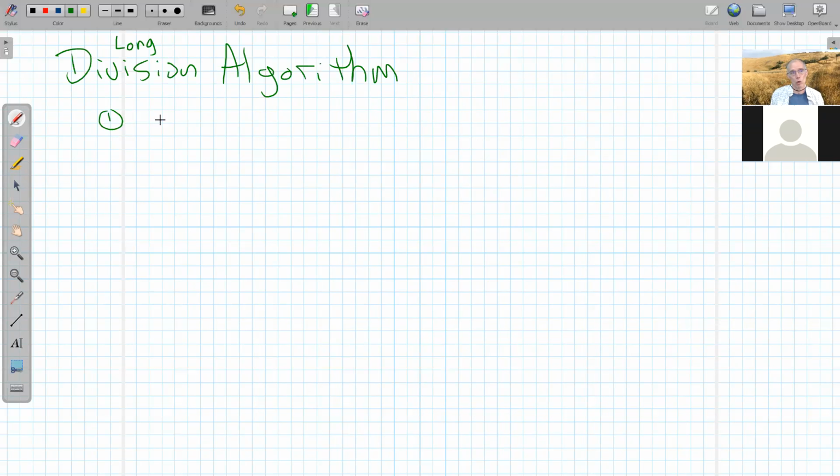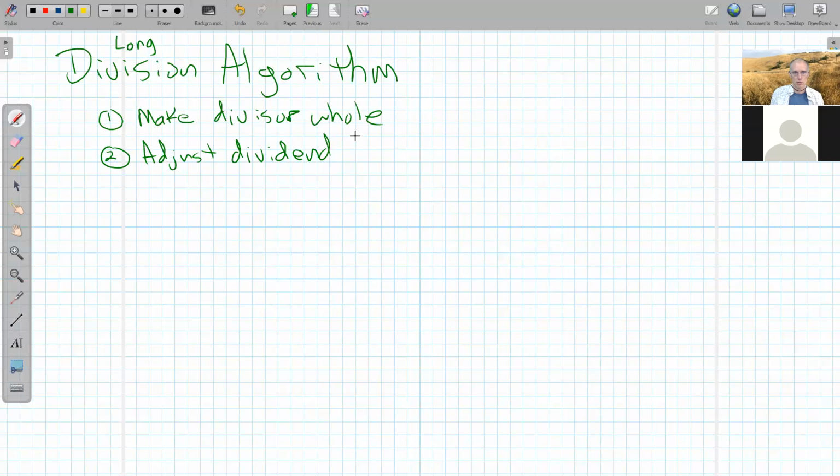So number one is we want the divisor to be a whole number. Two, we adjust the dividend by the same number of places.